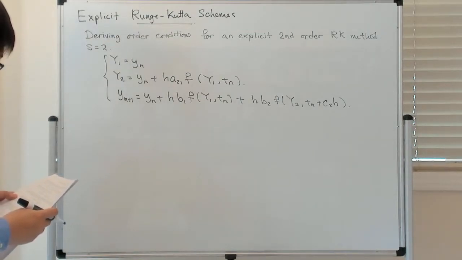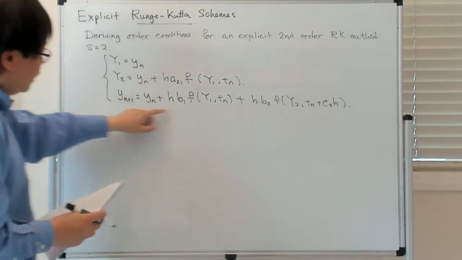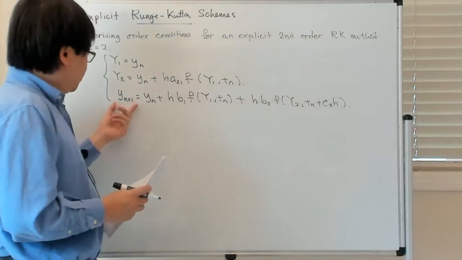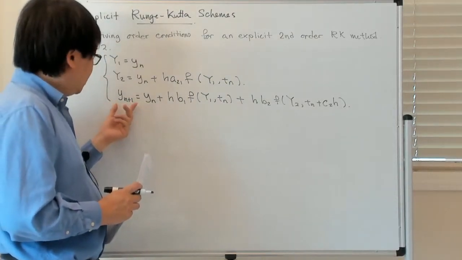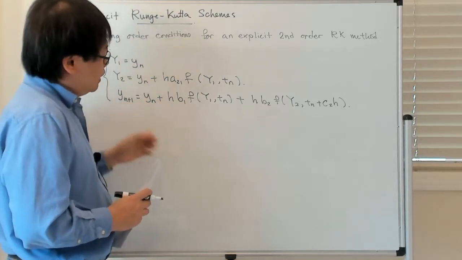So what you can do then is, if you look at this expression, this is what you actually are looking for at the end of the day. You want this to be a good approximation of y at tn plus h, basically.